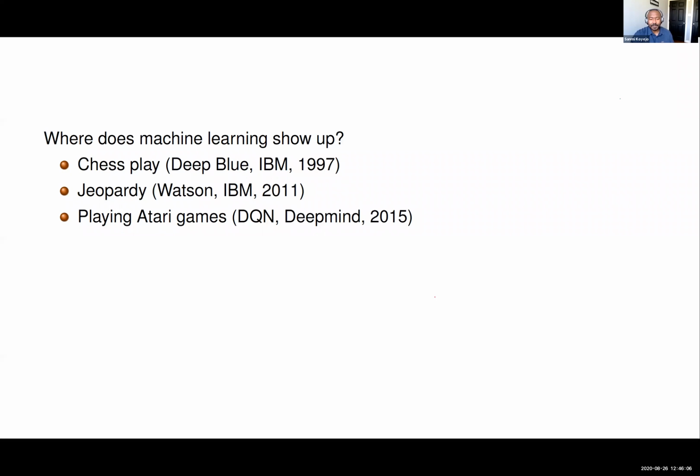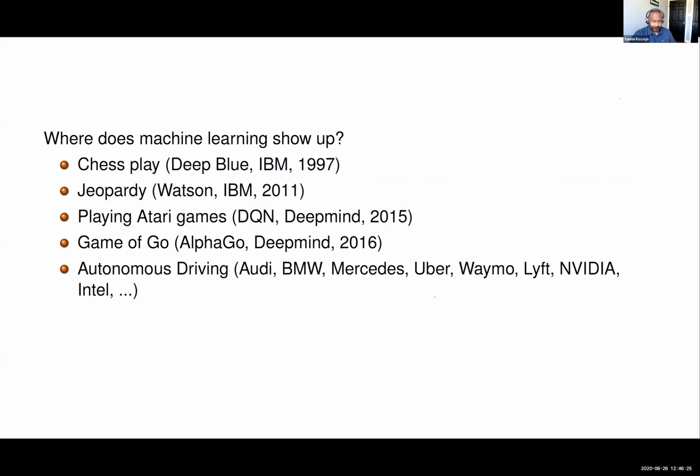But a great example is something like what DeepMind published in 2015, playing Atari games using machine learning type methods. And also similarly in 2016, playing Go, AlphaGo, which many of you may be aware of, again, using machine learning.